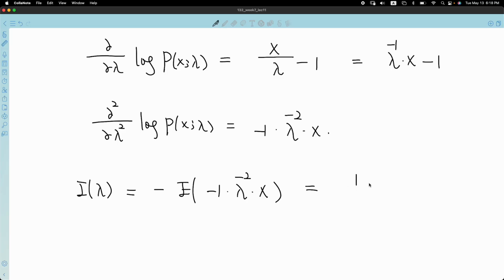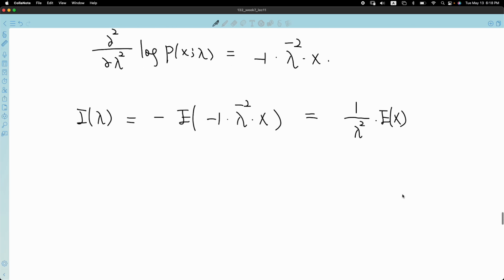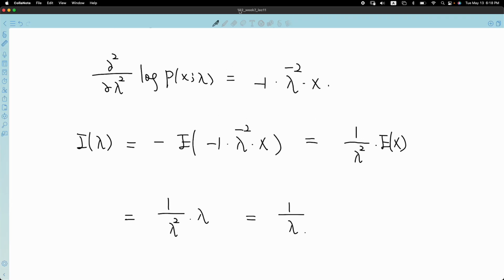You have 1 over lambda squared from this constant here multiplied by the expectation of x. And what is the expectation of x for the Poisson random variable? It's lambda, so you multiply by 1 copy of that. Your Fisher information is 1 over lambda. Any question or comments?